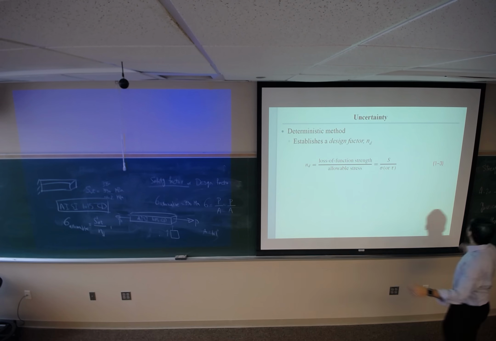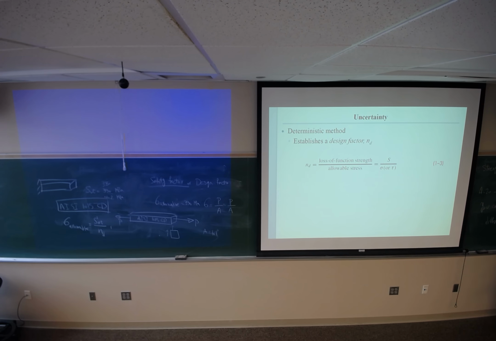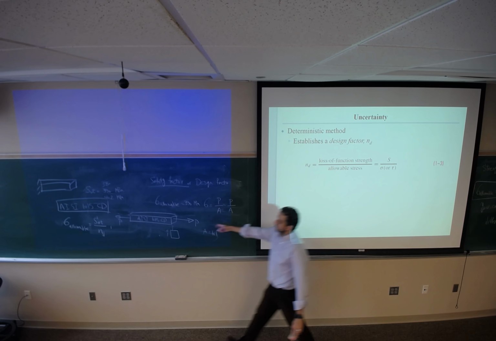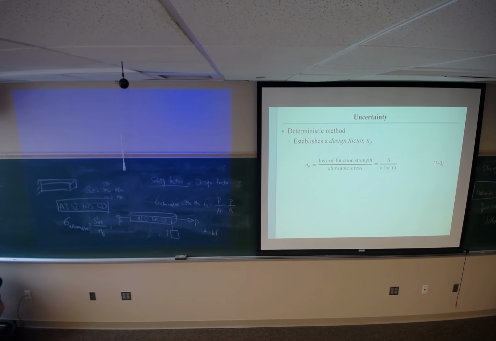Suppose you consider ND equals 2. So the allowable stress is going to be 390 divided by 2, 195 megapascal. So you can increase the load such that the stress applied to this doesn't exceed 195 megapascal.